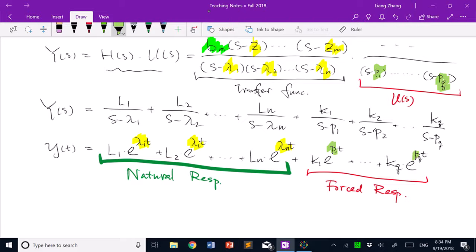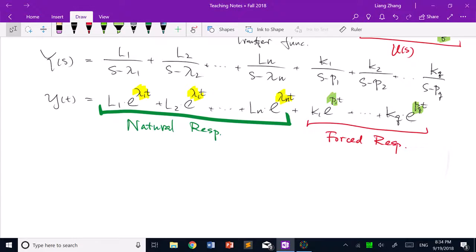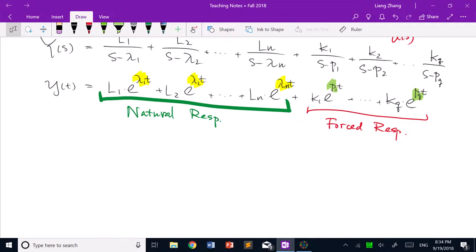So all these p's come from the input signal. They're defined by the external input signal. That's why we call them the forced response. And in most cases, the forced response will take a very similar form, or usually resemble the input signal itself. They'll look like the input signal.